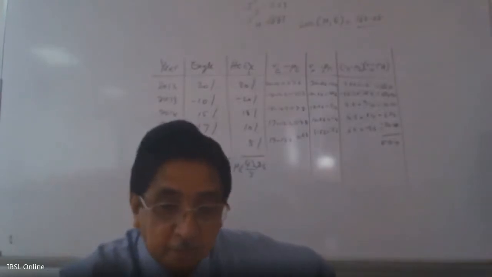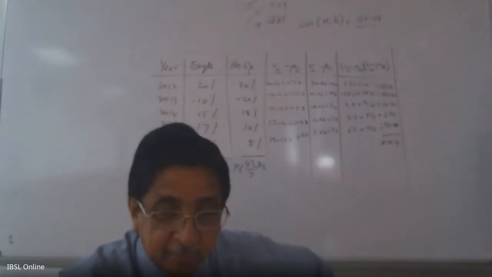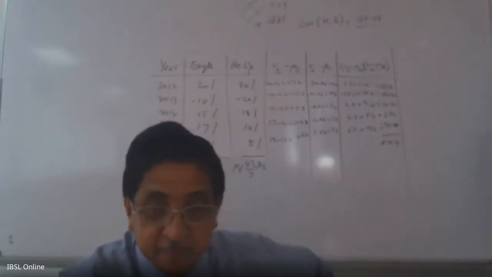Yeah, Eagle's standard deviation is 11.23 and Helix's standard deviation is 16.61, correct.